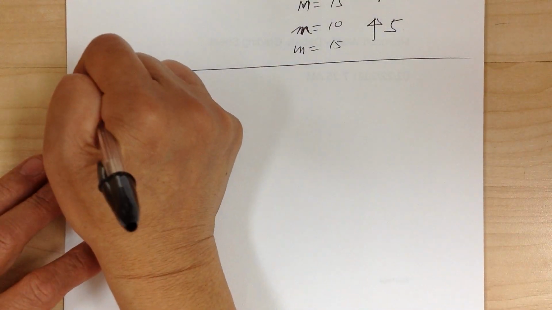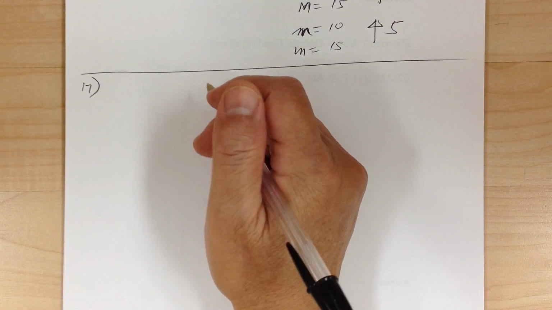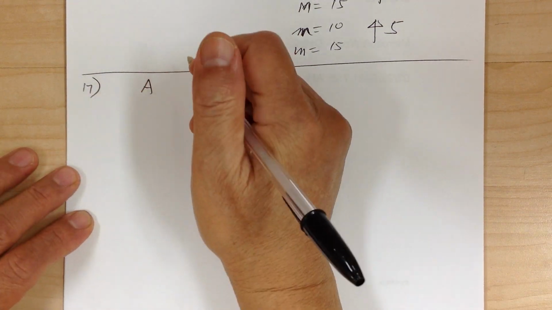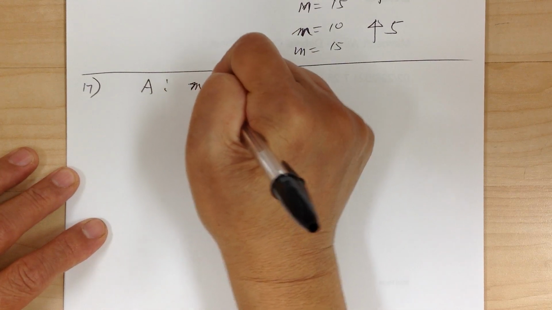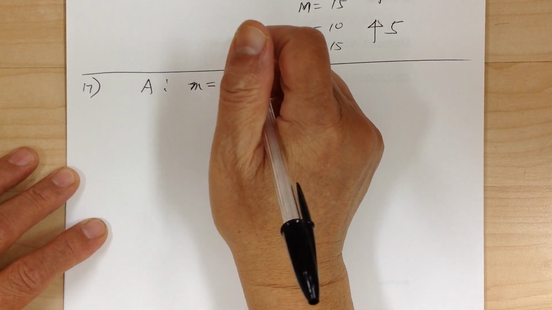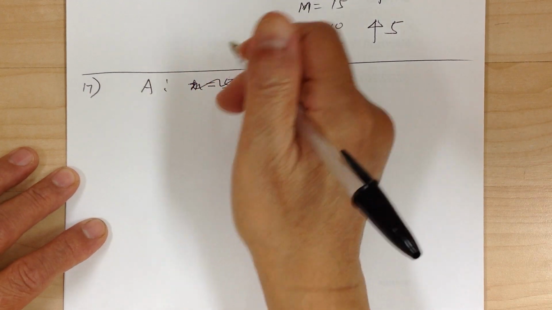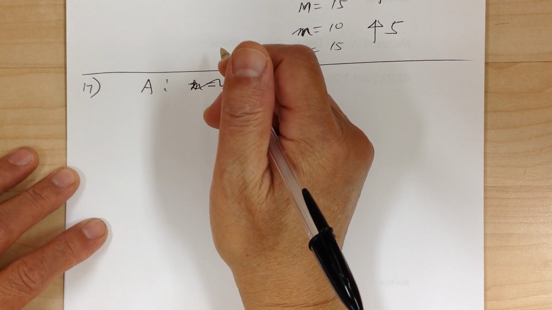Okay, let's go to 17. It says high school A, the mean score of 50 students is 75.